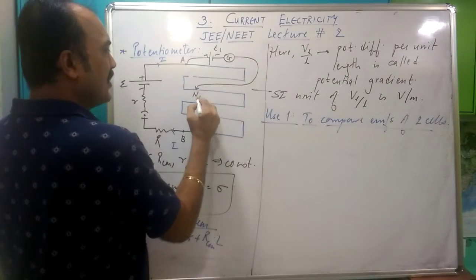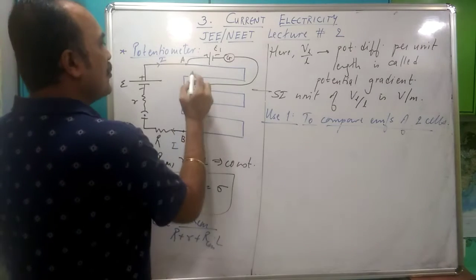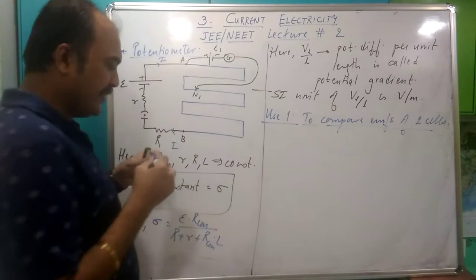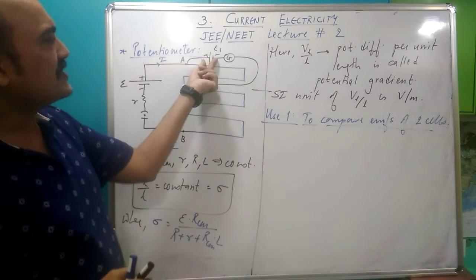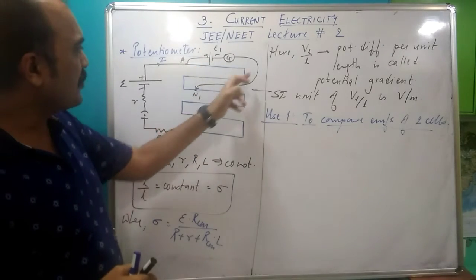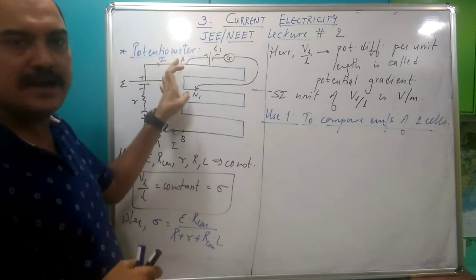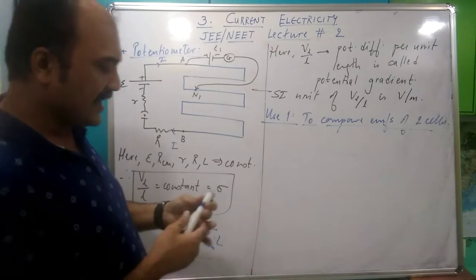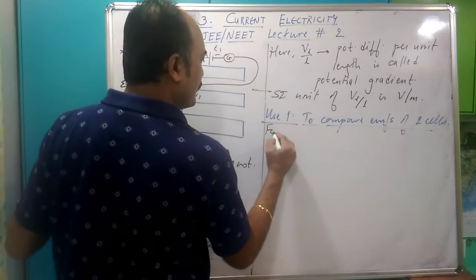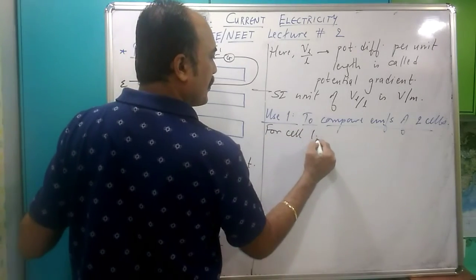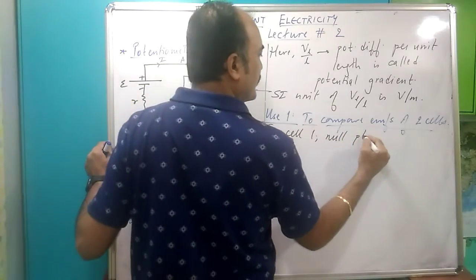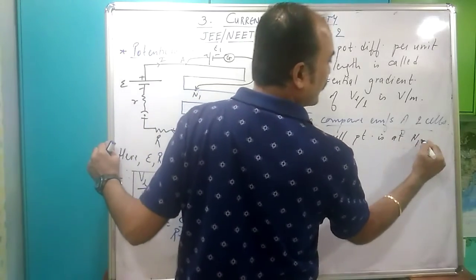Suppose at point N1 I find a null point. When I find a null point, it means that the potential difference epsilon 1 is the same as the potential difference between length A and N1. That is, if we connect cell epsilon 1, the null point is at N1.